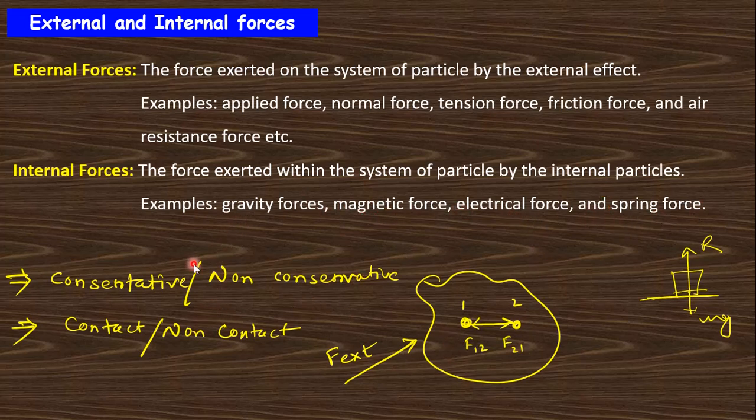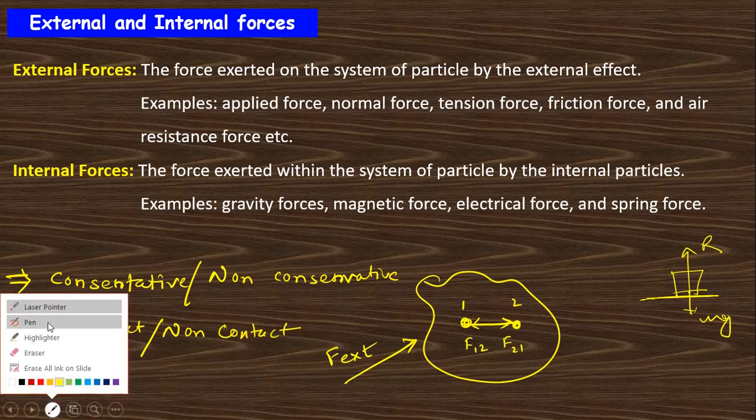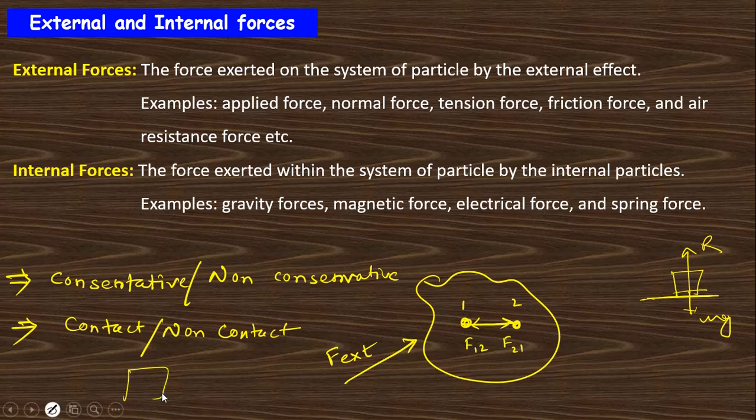There is another classification of force as conservative force and non-conservative force. We will discuss that later in detail. And contact and non-contact force. Contact force means the force where there is contact with the body. If you apply force with contact, then it is a contact force, and for the non-contact force there is no contact.